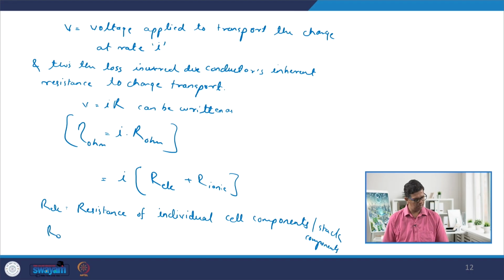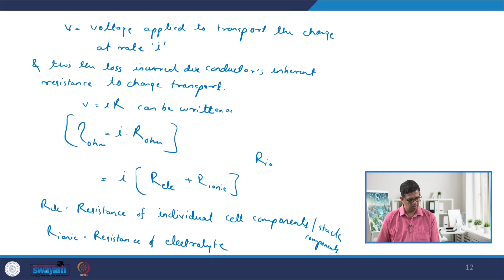And what is this R ionic? It is the resistance of the electrolyte. And as we can see, this R ionic is far larger than the R electrical. In other words, the electrolyte's resistance dominates when it comes to the ohmic overpotential. So, we will take on this ohmic overpotential and the details in the upcoming class. Thank you, sir, very much.